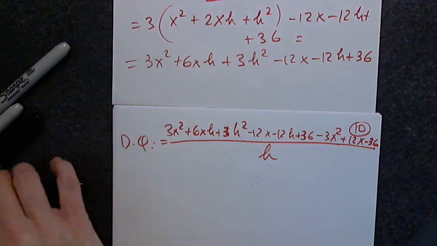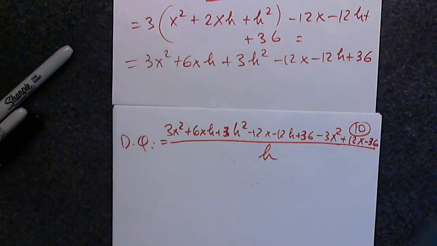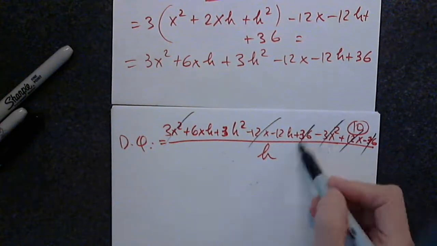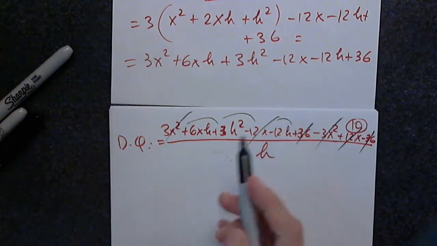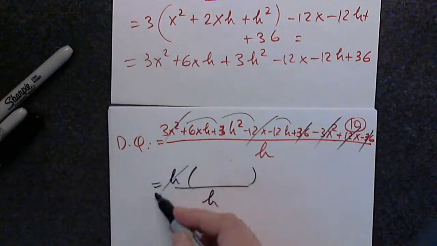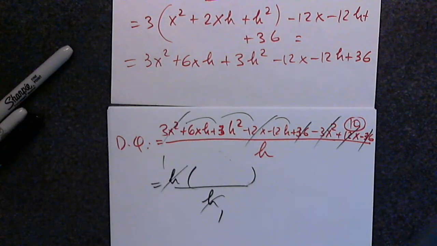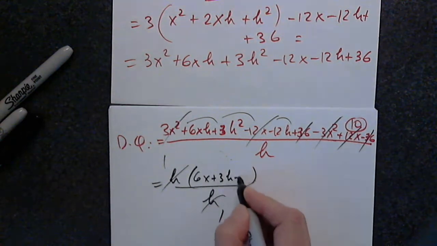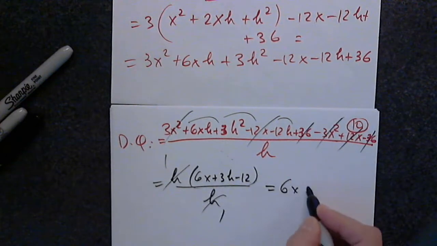So assuming that there was no mistake, all terms without h must go away, and they do. The 3 remaining terms must have h in common because I have to pull it out because eventually I will simplify it with the h in the denominator. So what is left in parentheses? I need 3 terms. And this is 6x plus 3h minus 12. And that happens to be the final answer.